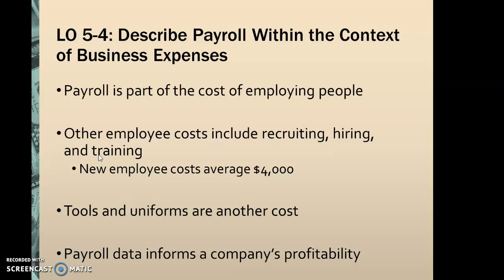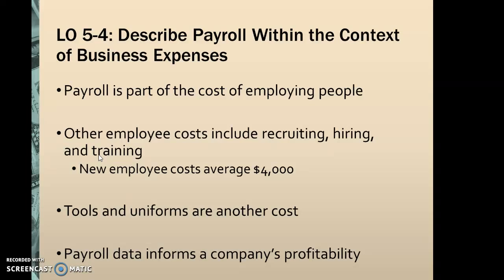Now, keep in mind, payroll is the most important part of an organization because you need your employees to run the organization, but payroll is part of the cost of employing them, of course, and it's one of the biggest expenses that an employer has. Some other expenses that the employer could encounter could be recruiting, hiring, and training.